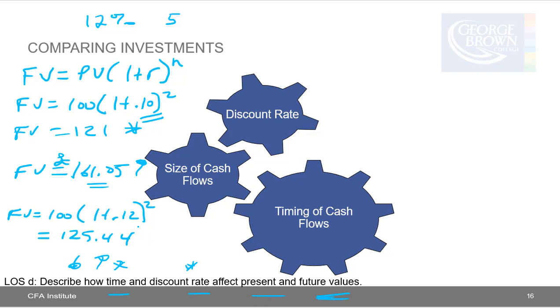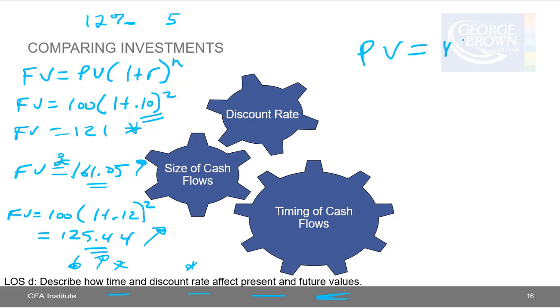If we invest at 12% for 2 years, we'd have £125.44. So as we increase the discount rate or interest rate, we increase the future value. And if we do the opposite, as we increase the discount rate, we decrease the present value. That's just a function of algebra.